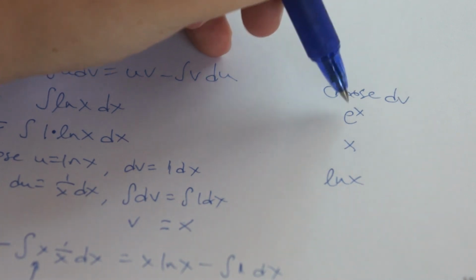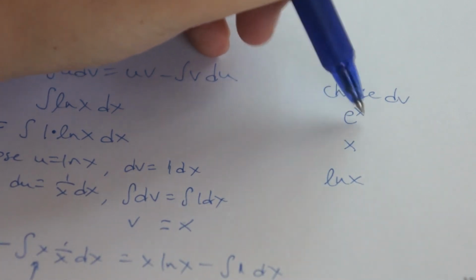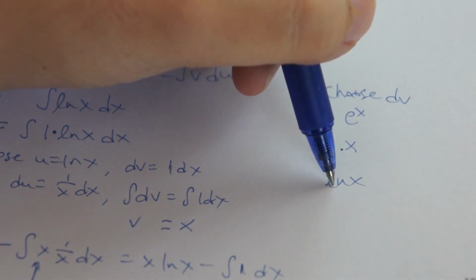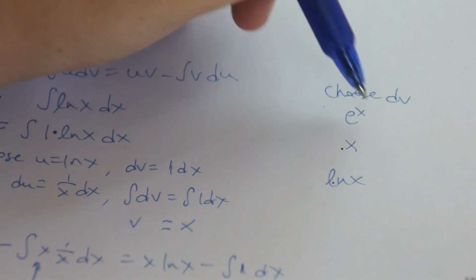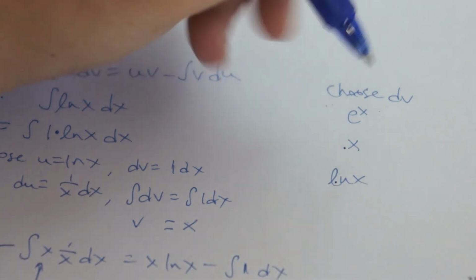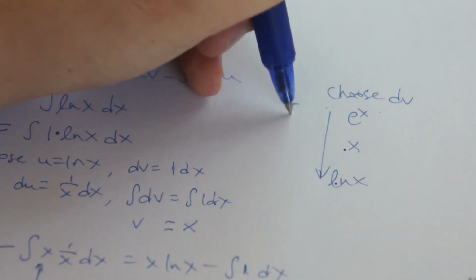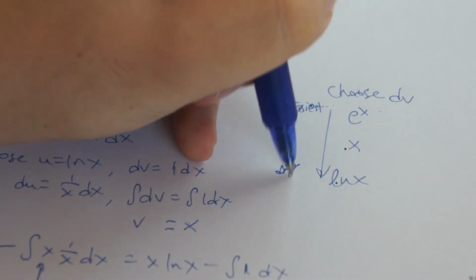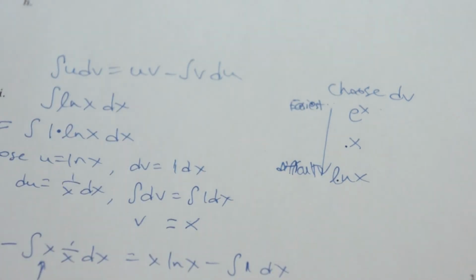So choose dv whenever we have an exponential function, second we choose a polynomial, and the last we choose ln x. Therefore, choosing dv, the easier to integrate. This is the easiest, and this is difficult to integrate.